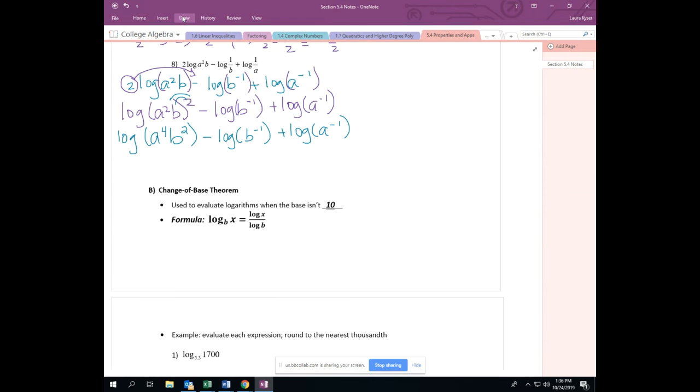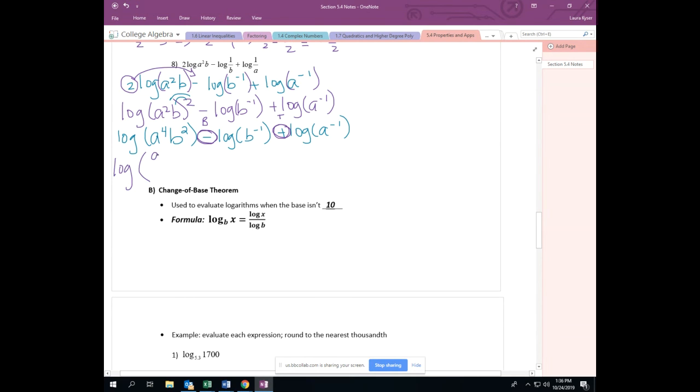And now I can condense this thing down. Now I need to be very aware of my signs, because anything that's after the minus is going to go on the bottom, and anything after a plus is going to go on the top. Bottom, top. So single log, and we're going to have a fraction here.